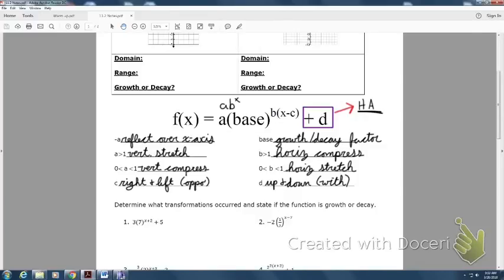If it's plus 3, the very first thing I would graph on it is a horizontal line at y equals 3. If it's minus 7, y equals negative 7. If there's not one, what would it be? 0. It didn't move. Just like on the parent functions up top.